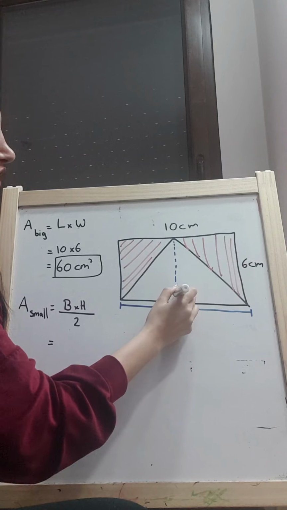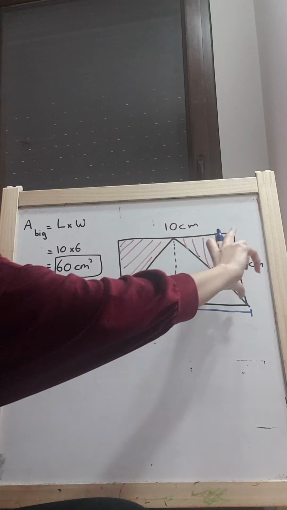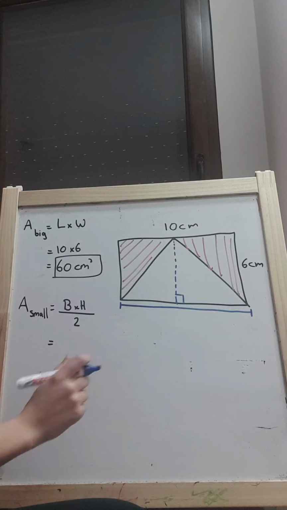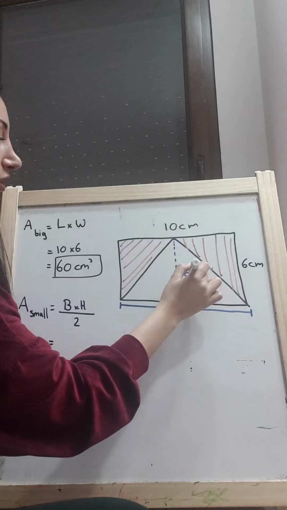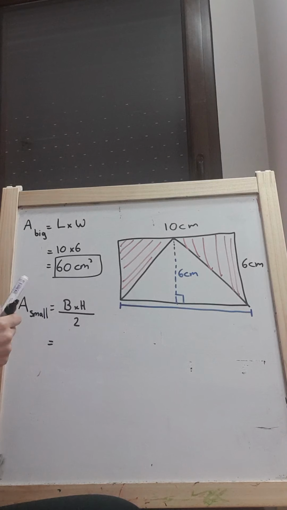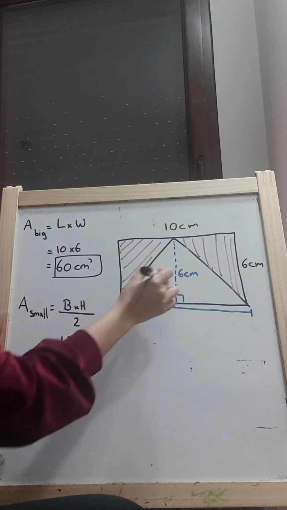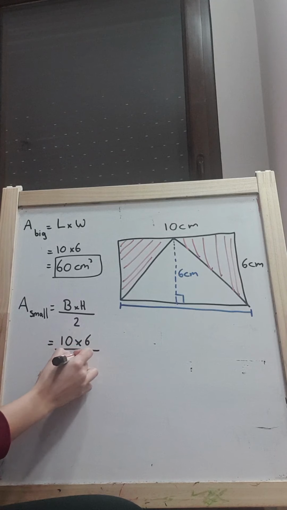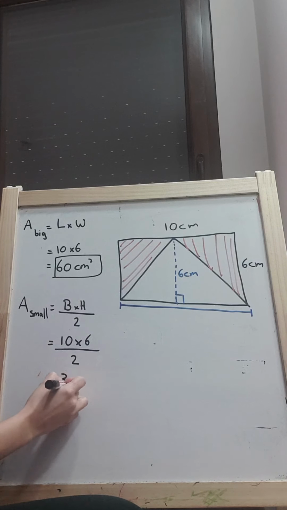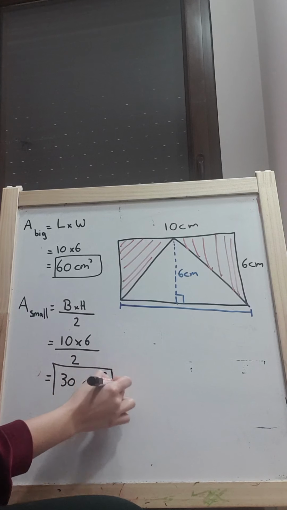I draw a perpendicular line. Can't you see this? This height is equal to the 6. So this is the height of the triangle. So it's 10 times 6 divided by 2, which is 30 centimeters squared.